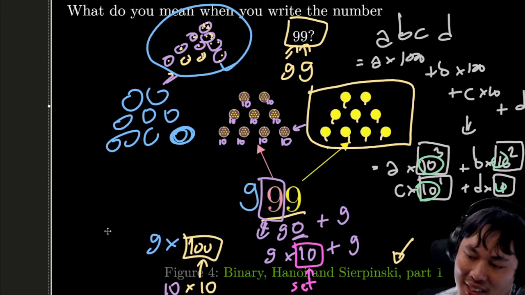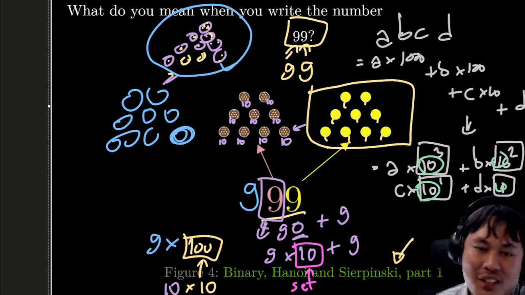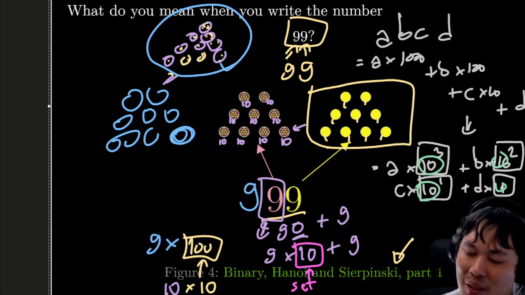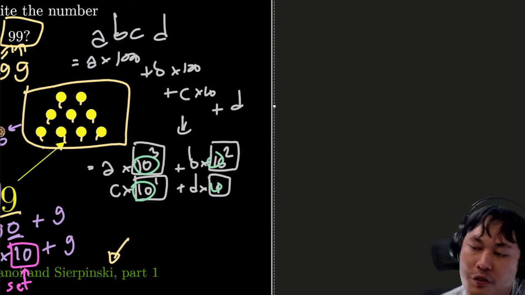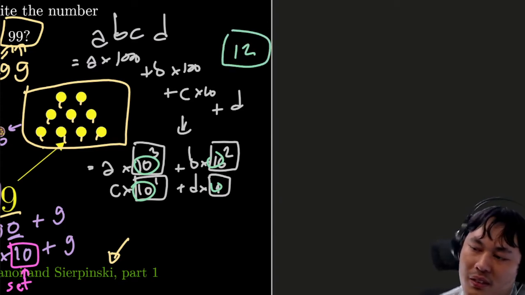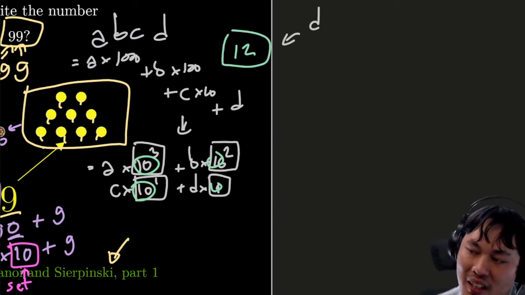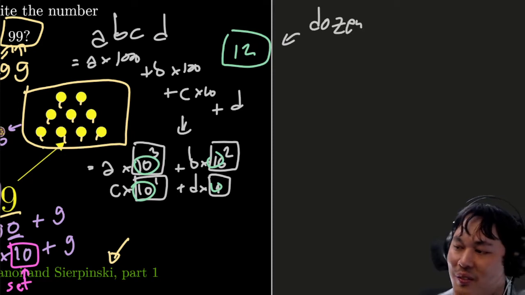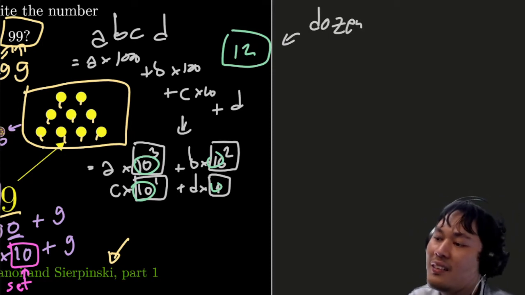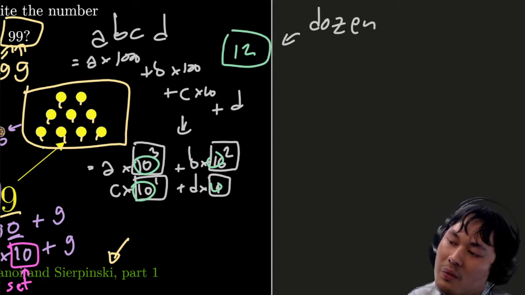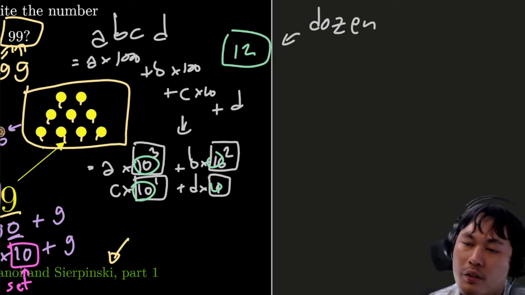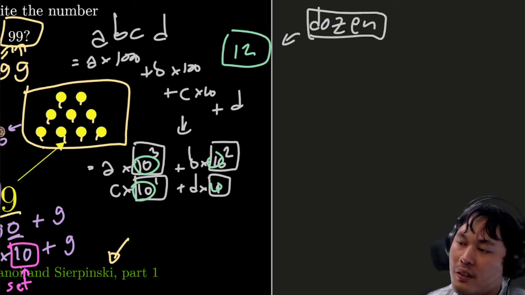Actually, in fact, if you trace back in history, usually people used base 12. As we know, we call it a dozen for some reason, right? Grouping is putting things in groups of 12, or a dozen.